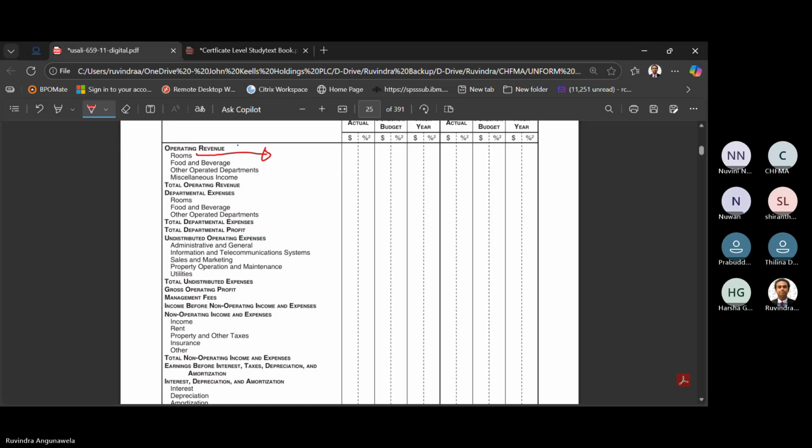Then we have another frontline department, which is the food and beverage department. They also generate sales, no? It's a frontline department.